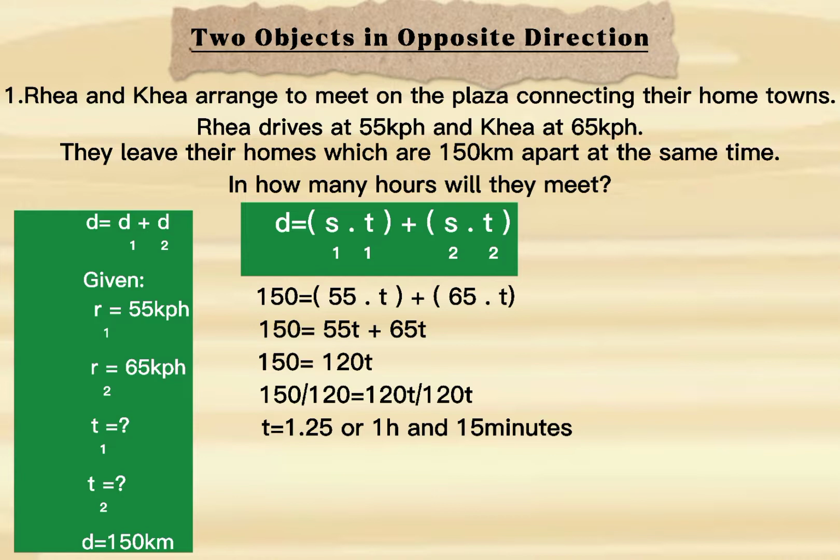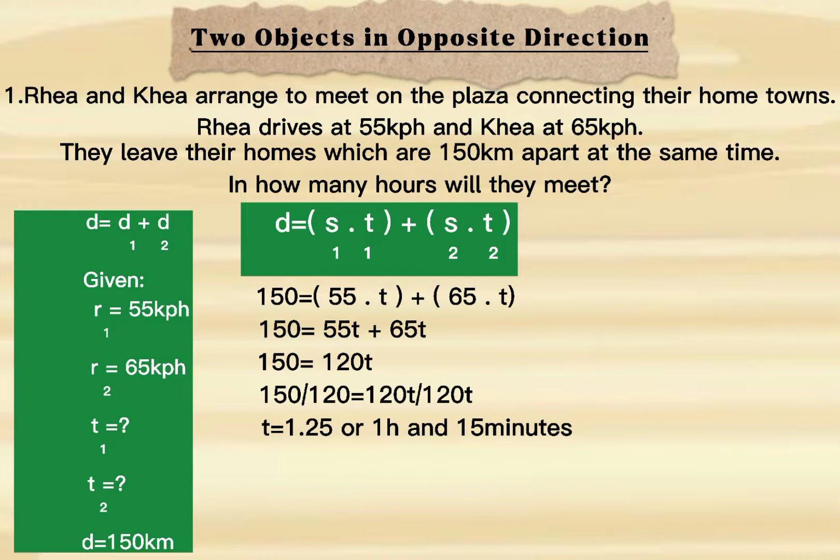Bring down again 150, 55t plus 65t, that will be 120t. So, we will divide both sides by 120 para t na lang yung maiwan. So, 150 divided by 120, that will give us 1.25 or 1 hour and 15 minutes.